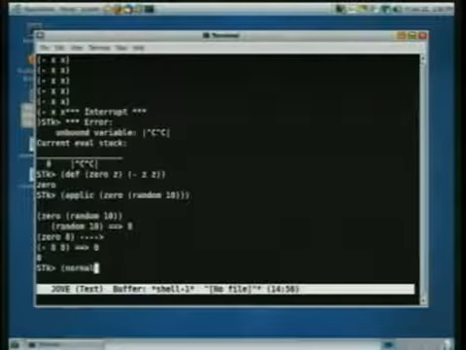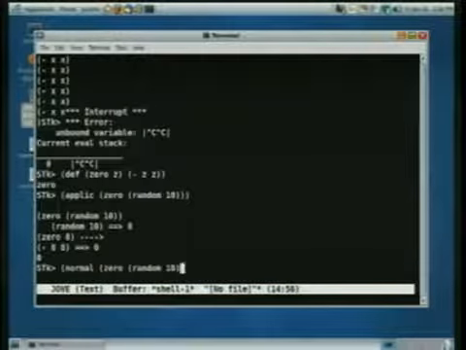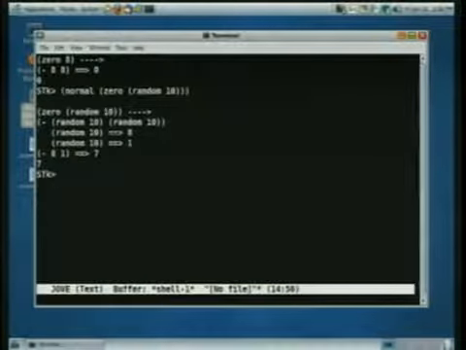Now, let's do normal order of 0 of random 10. Oh, look at that. In normal order, I substitute the actual argument expression for the parameter in the body.